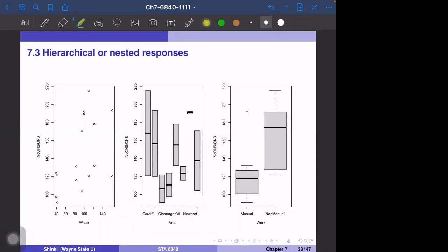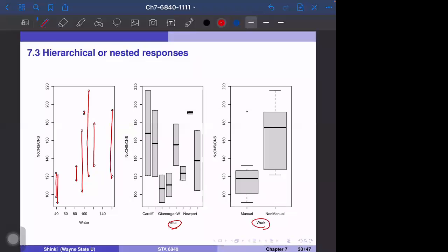You can see that water has only eight levels, so this and this have the same level. Actually we only have eight levels. And this is the area. This is just categorical, so we make box plots. And this is work, with only two categories, so also a box plot.